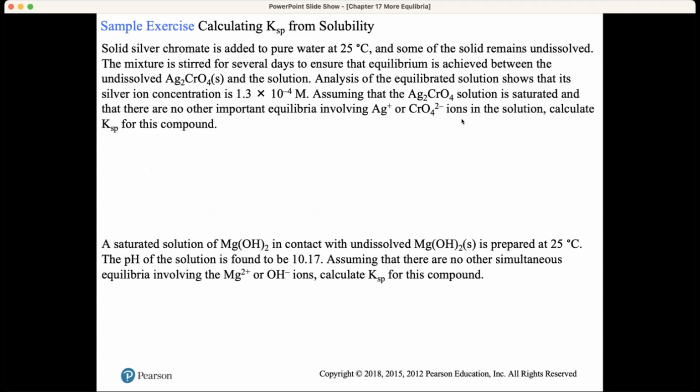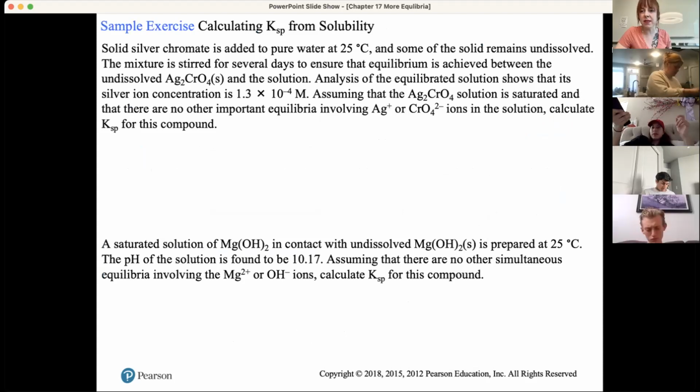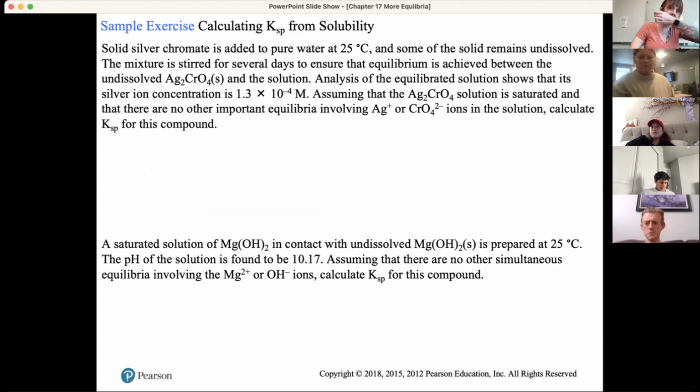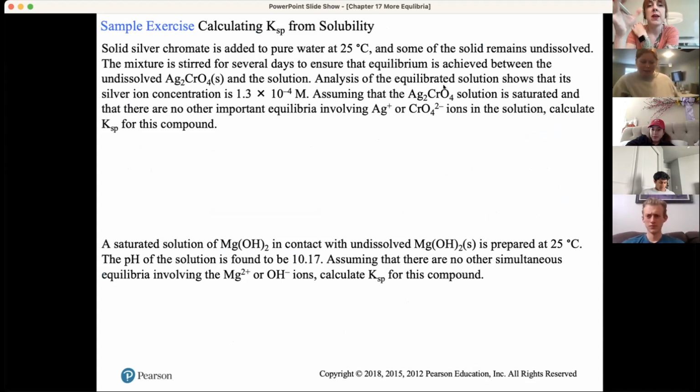So we have solid silver chromate, and first of all, whoa, anybody feel overwhelmed by this amount of words? But they're basically telling you that you have reached solubility. We put the solid ionic compound in the water, and when some of it is still undissolved, you know the solution above it is saturated because you cannot get any more in there.